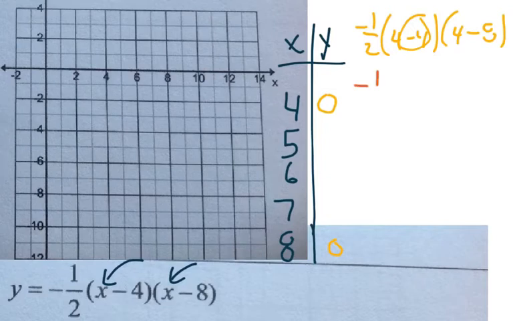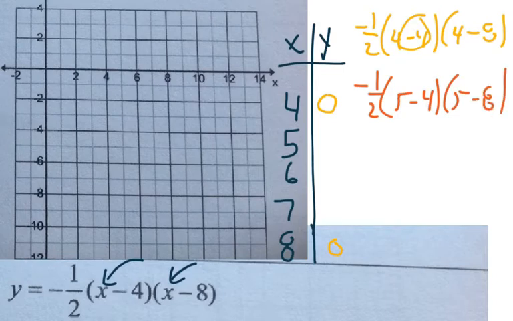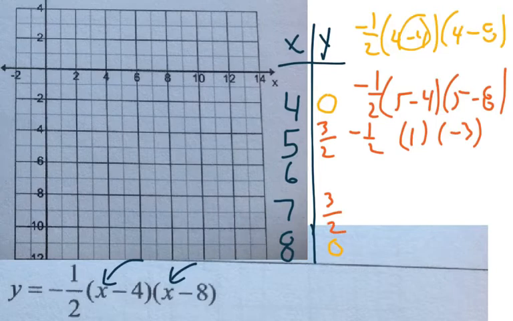Now I'm going to plug in the 5. 5 minus 4, 5 minus 8. So I'm going to get negative 1/2 of 1 times negative 3. That becomes a positive 3/2, which also is 1.5. Guys, 7 also will turn out to be a positive 3/2.